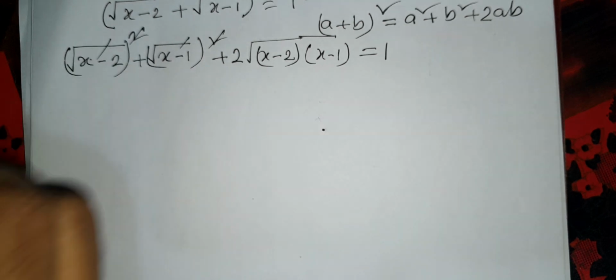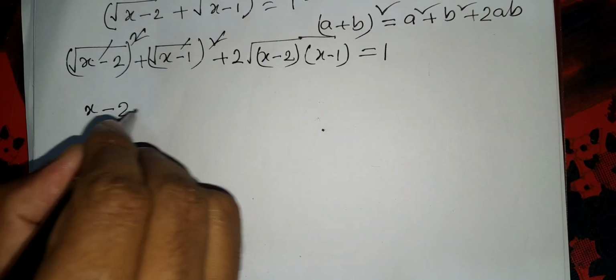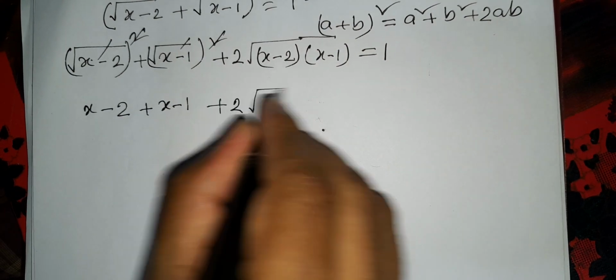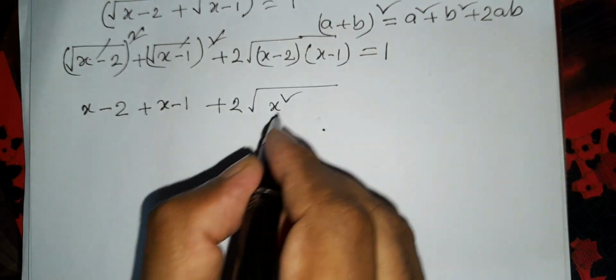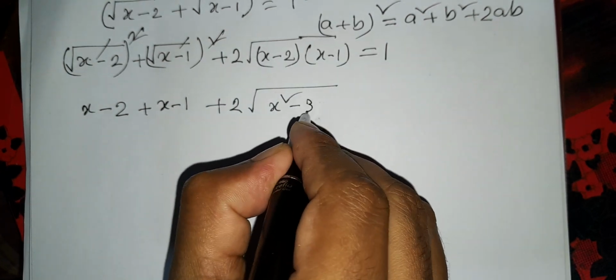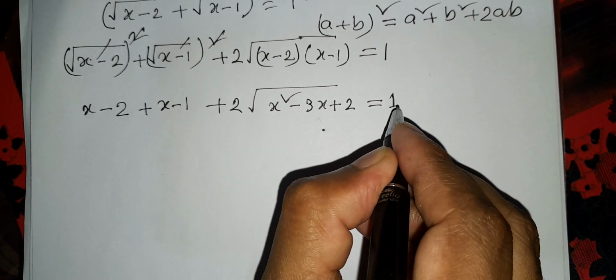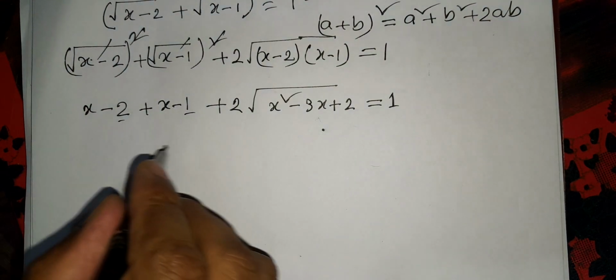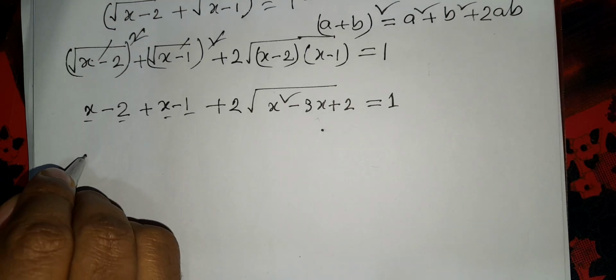Here root and square cancelled, so x minus 2 plus x minus 1 plus 2 root over, here multiplying x minus 2 into x minus 1, we get 3x plus 2 equal to 1. Here 2 and minus 1 equal to minus 3, x and x equal to 2x.